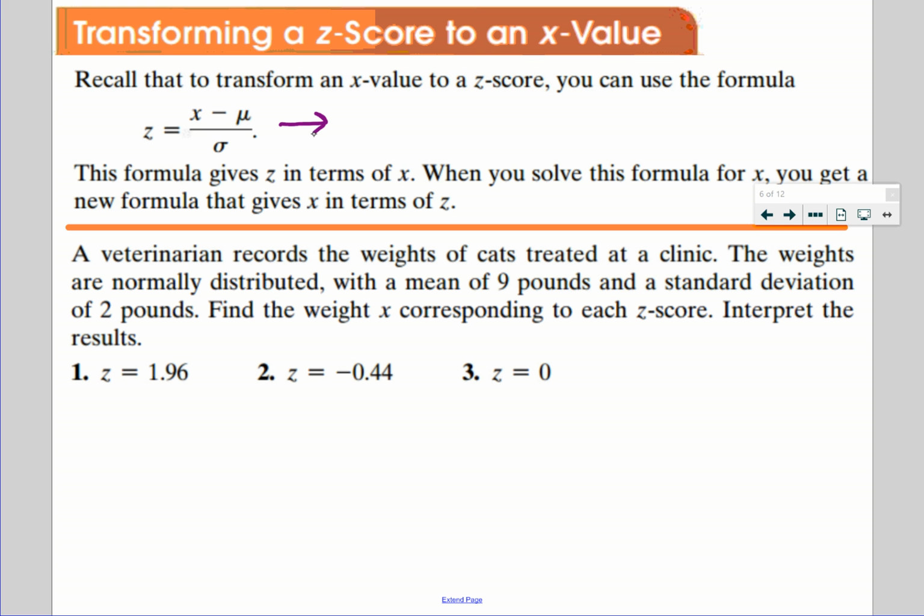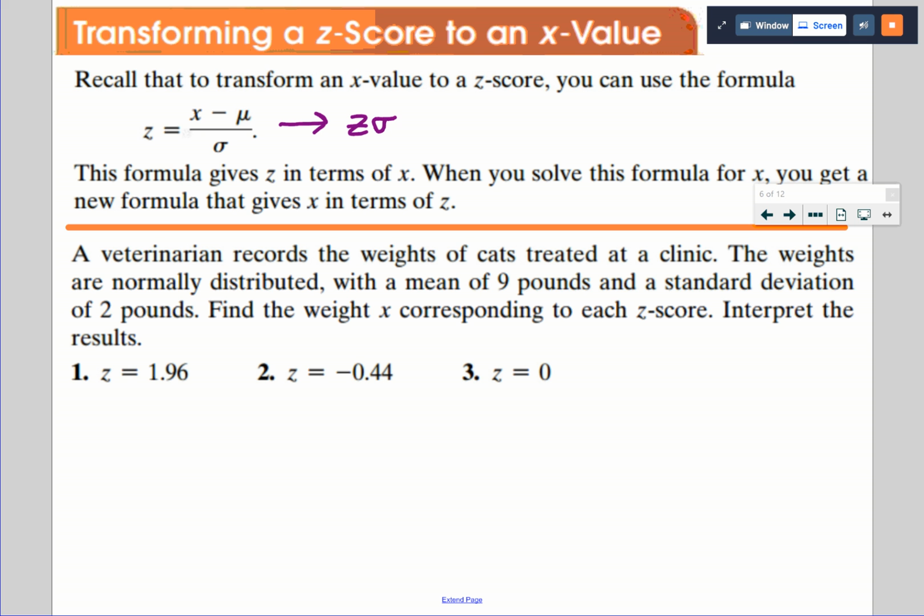So just think back to algebra 1. How can I get x alone in this equation? What do you do first? You don't know how to get x alone in an equation, guys? Multiply by the standard deviation. Yep.